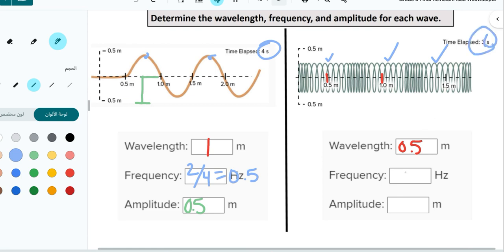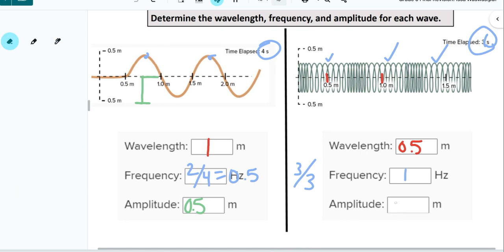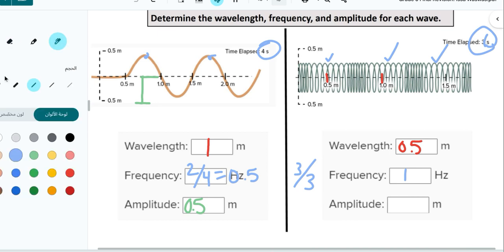So my frequency will be 1 hertz. That's 3 divided by 3, which is 1. And then we can look at our amplitude. Our amplitude here is going to be 0.5 meter as well. Let me use my eraser there. So our amplitude is going to be 0.5.